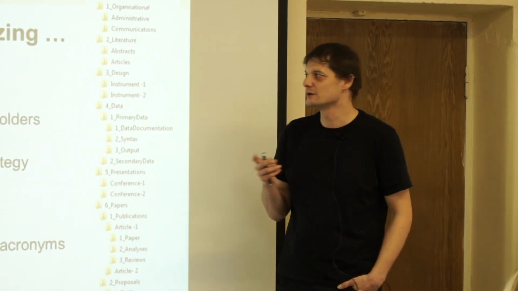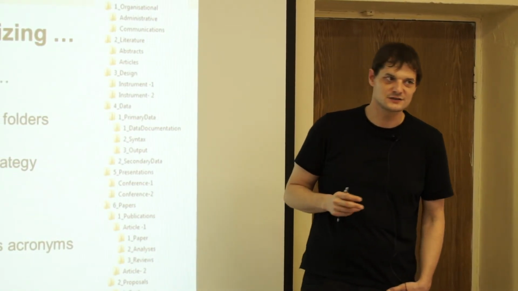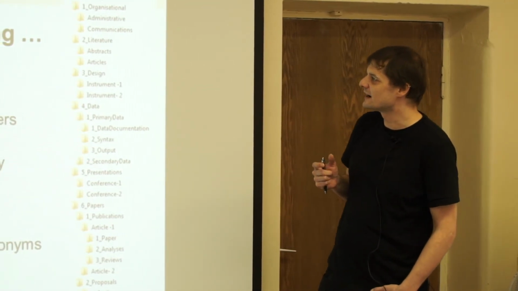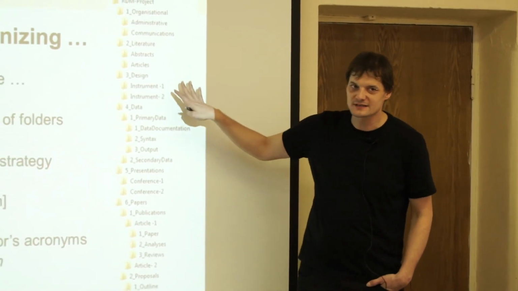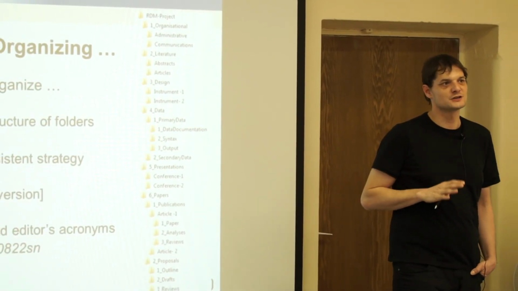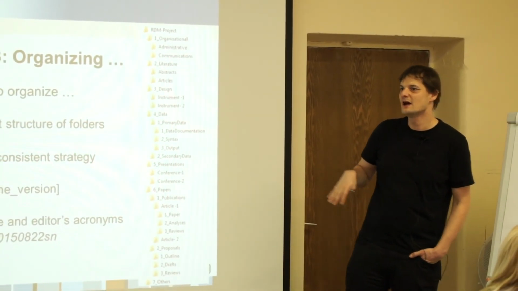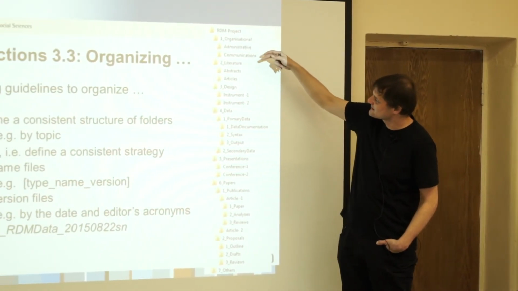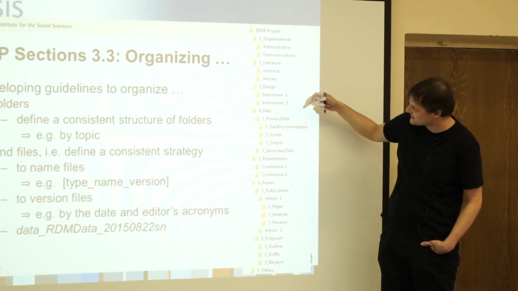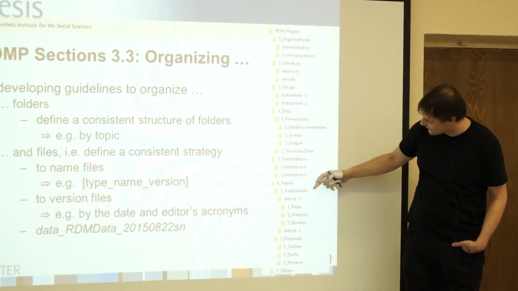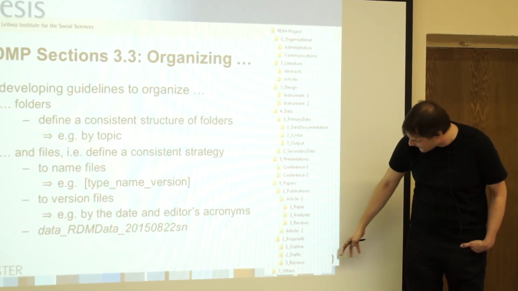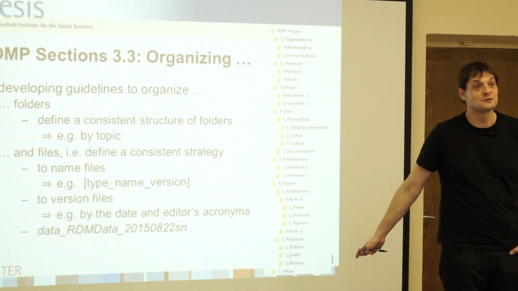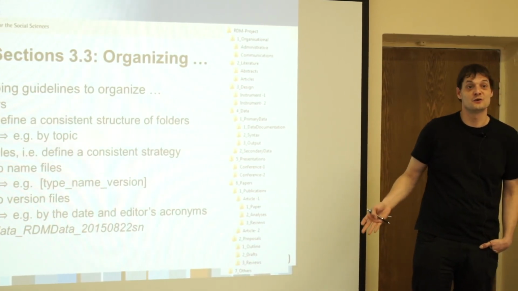What I'd like to show you, maybe this gives you an answer already, is just the wrap-up on organizing folders and files. So this is just one example of how you might structure your folders in a research project, referring to different topics. We have a folder on organizational matters, on literature, on design, on the data itself, on papers written, and unfortunately there is always a leftover folder for others, for stuff where you don't know where to put it.